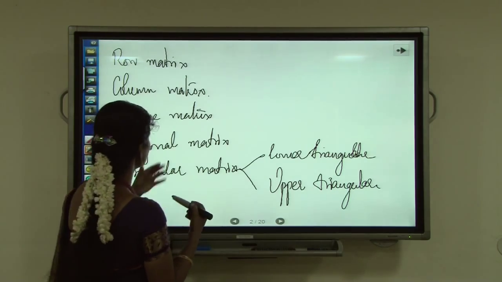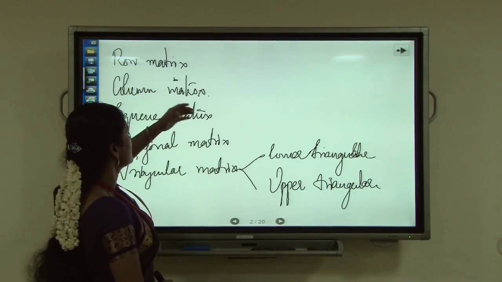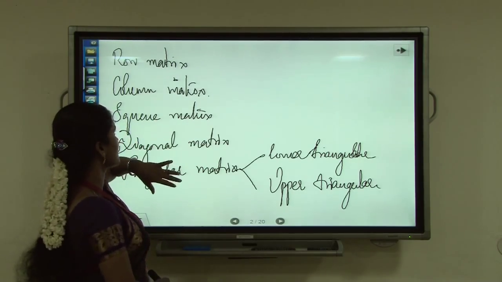So in one or two words we will talk about these types, and then we will add some more among the types of matrices.